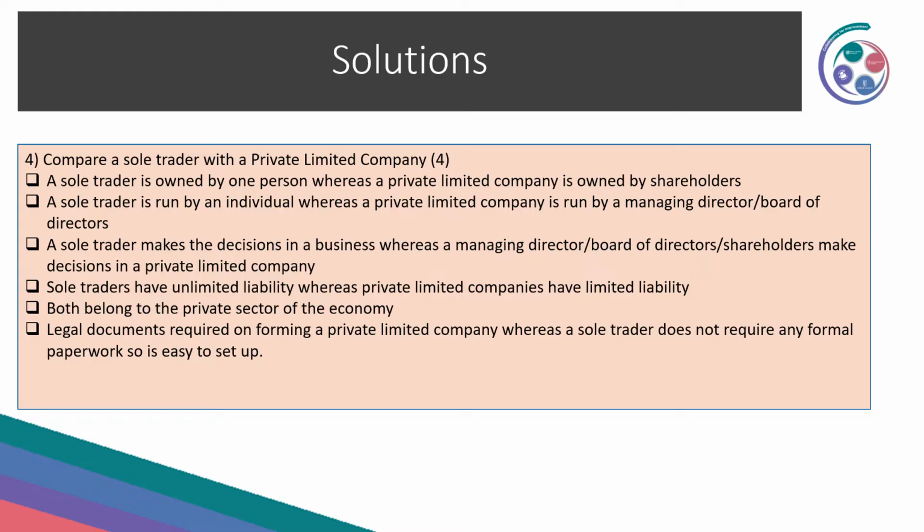Okay, now just watch again with your phrasing that you don't on this occasion say isn't or doesn't. So, for example, if you were to say legal documents are required on forming a private limited company, whereas a sole trader doesn't, that's not enough. You need to give a little bit more to get your mark.